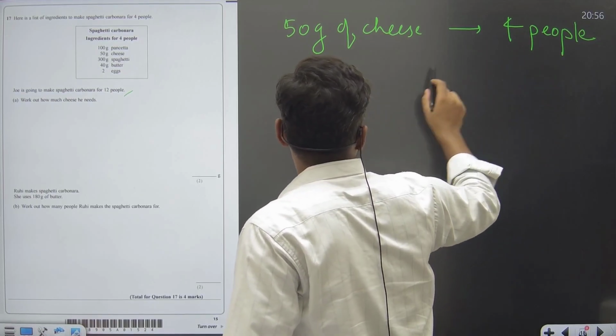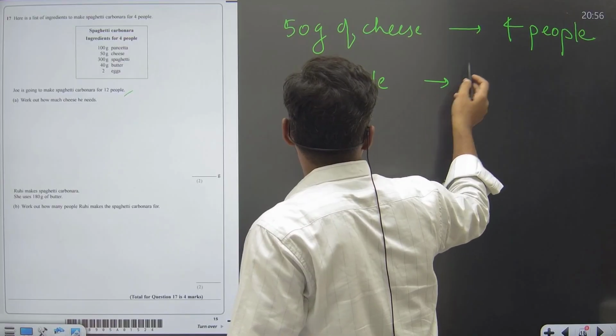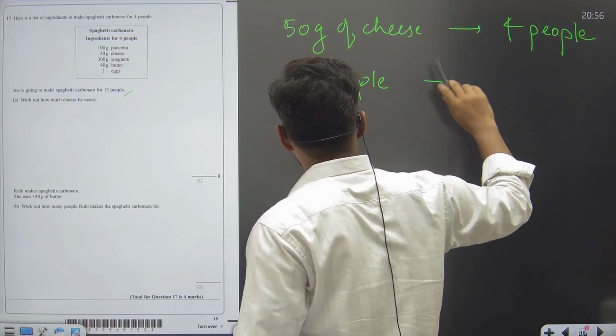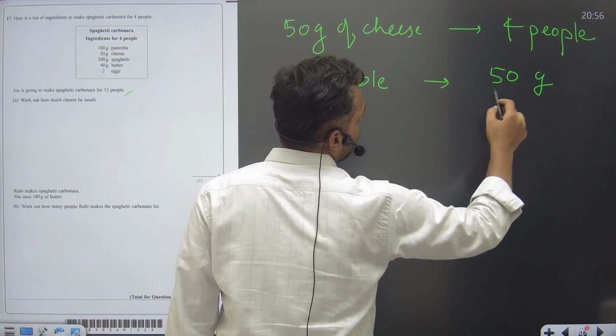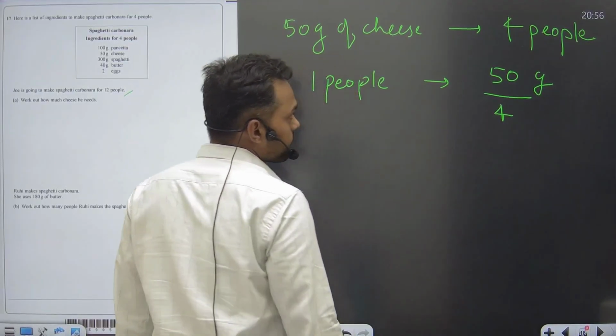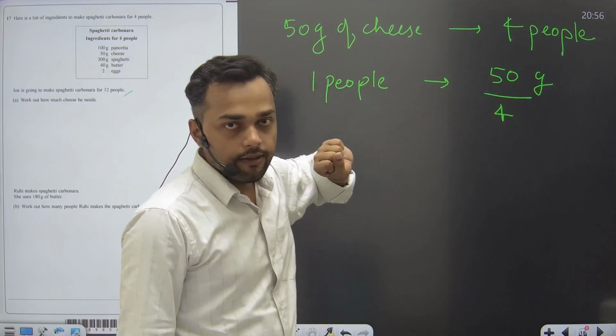So if I say for 1 person, how many gram of cheese will be required, we just need to use the unitary method, so it will be 50 gram upon 4. Okay, for one person this many gram of cheese is required.